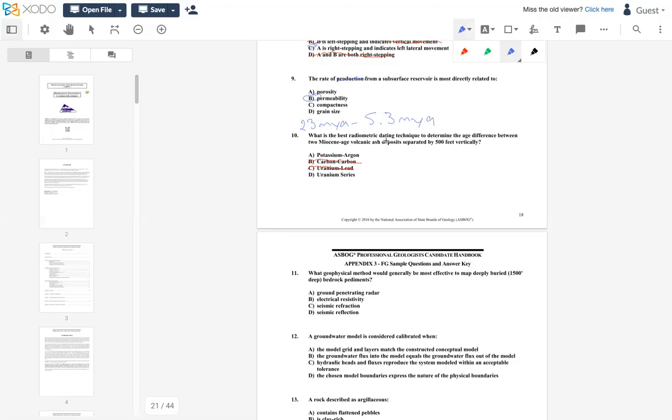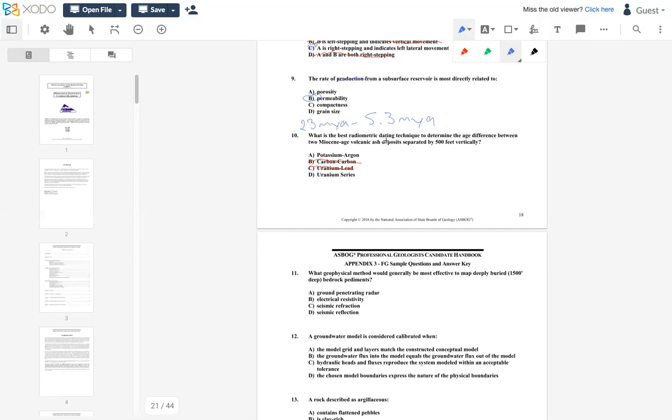Argon 40 is a noble gas, so it's not going to bind to anything, and it's going to be released as a gas as the lava cools and solidifies. And that essentially is going to be resetting that potassium argon clock.